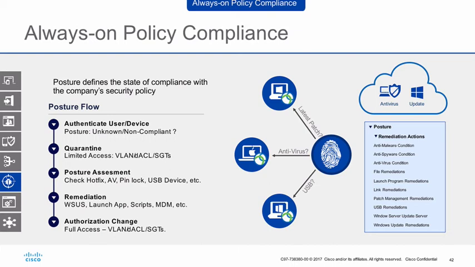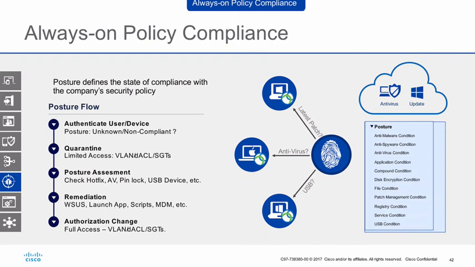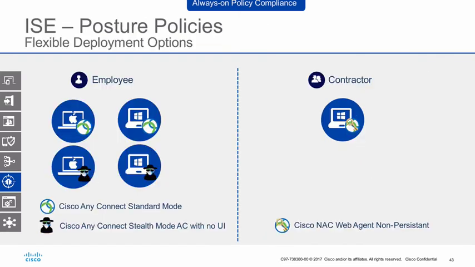We can do that in a number of different ways. We've talked about authorization. When we do the assessment, we can check for things like hot fixes, antivirus, etc. And then we can also launch remediation actions where we force the client to update itself. And then if we're all happy at that point, based upon policy, I can go ahead and let them on the network. So this is an always-on type of approach.